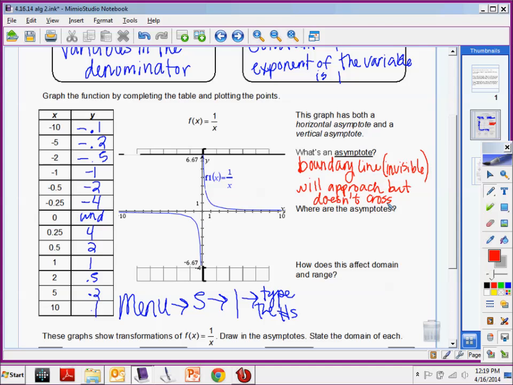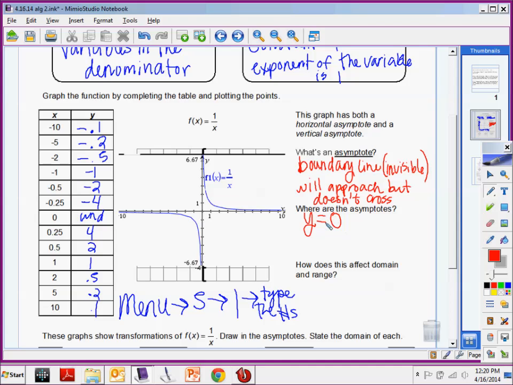Okay, where are the asymptotes set? Well, you have two types of asymptotes: a horizontal asymptote and a vertical asymptote. In this picture, my horizontal asymptote is at the x-axis. And how do I write the x-axis as a function? y equals 0.